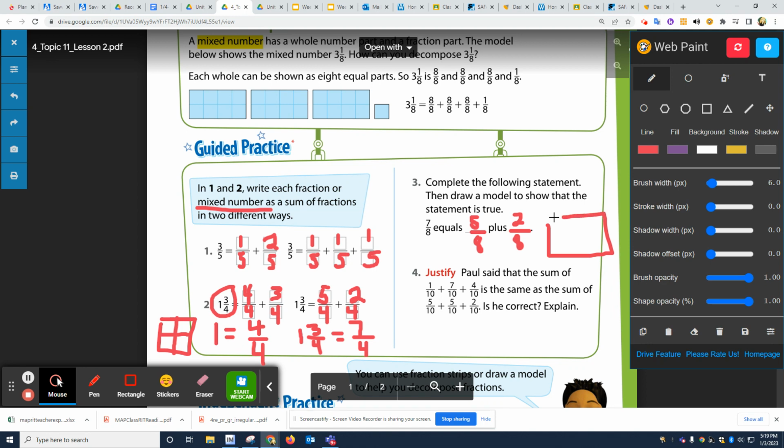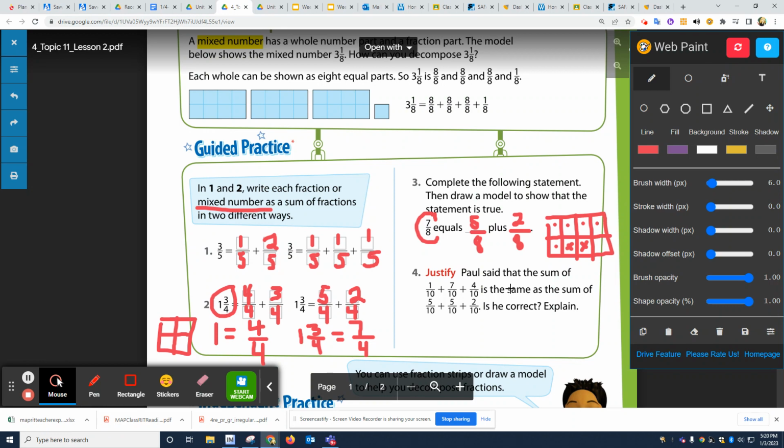Well, I'm going to draw a model of 8. Five, 1, 2, 3, 4, 5. Plus 2, 1. I'm going to put an X for these. 2. When that adds all up, it equals 7/8.